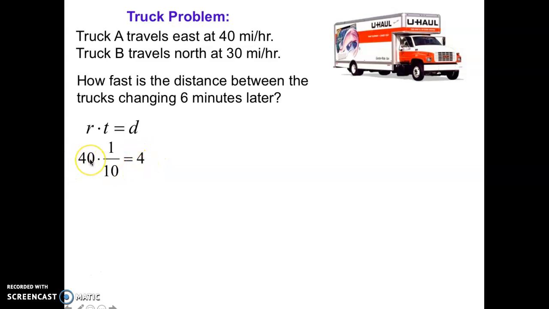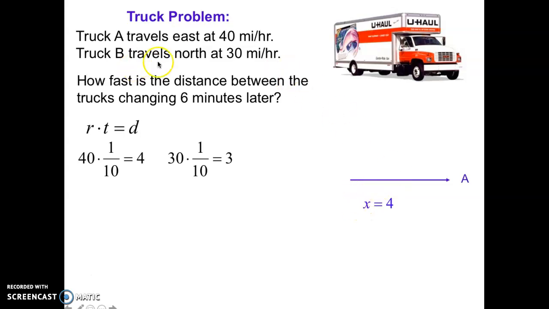So if I go 40 miles per hour times 1/10 of an hour, I've gone 4 miles. So truck A has gone 4 miles in the easterly direction from my intersection after 6 minutes.